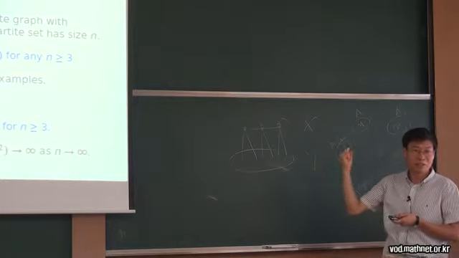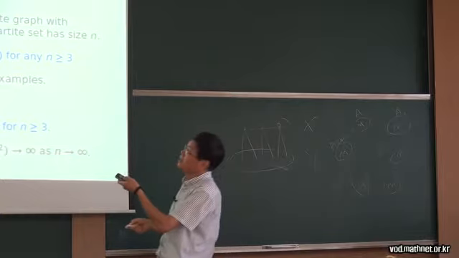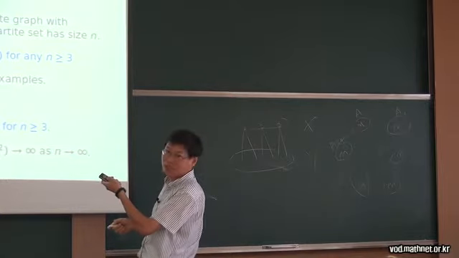So we have such a complete multipartite graph. It's a well-known fact that this graph is not chromatic-choosable.